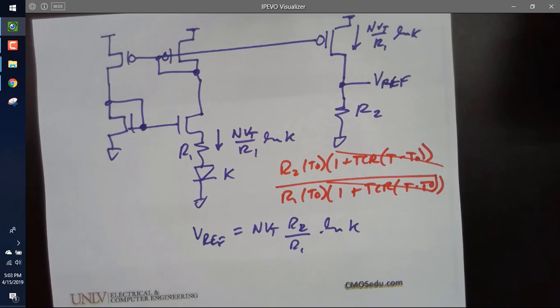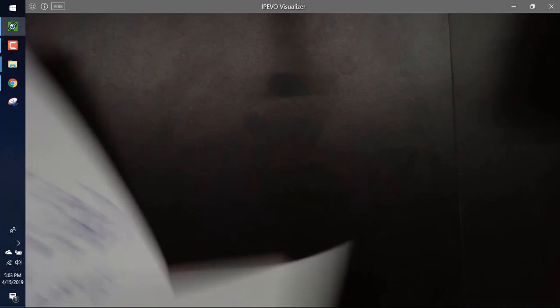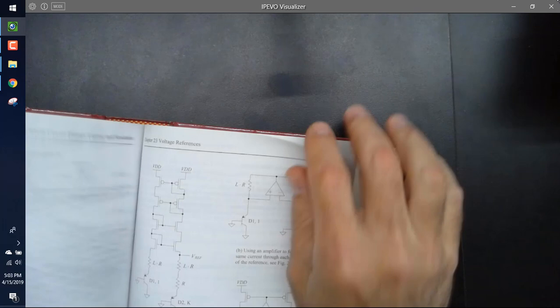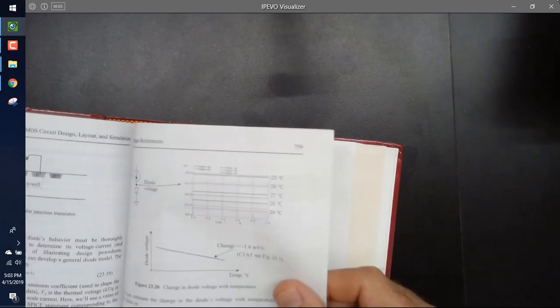So now, when we come back next time, we're going to use a band gap reference that takes a CTAT and a PTAT reference and combines them together to give a reference that doesn't change, ideally, with temperature, and that's called a band gap. Now, why is it called a band gap? I'm sure everybody's anxiously reading the book, but when we come back, I'll try to remember to go over this first thing.